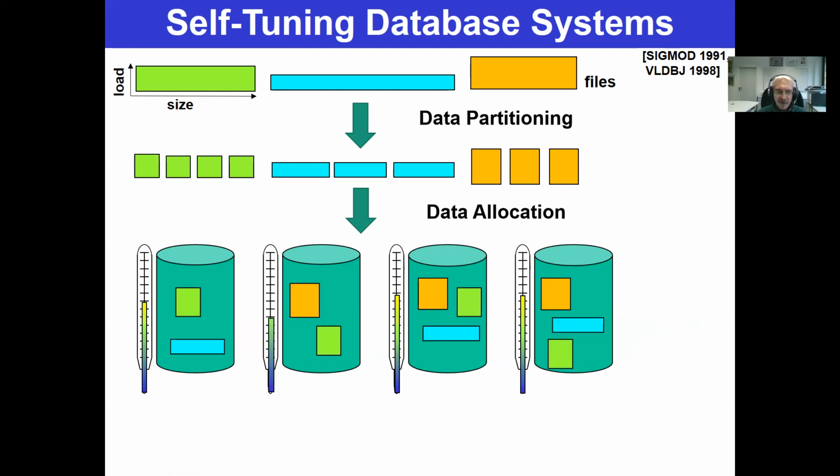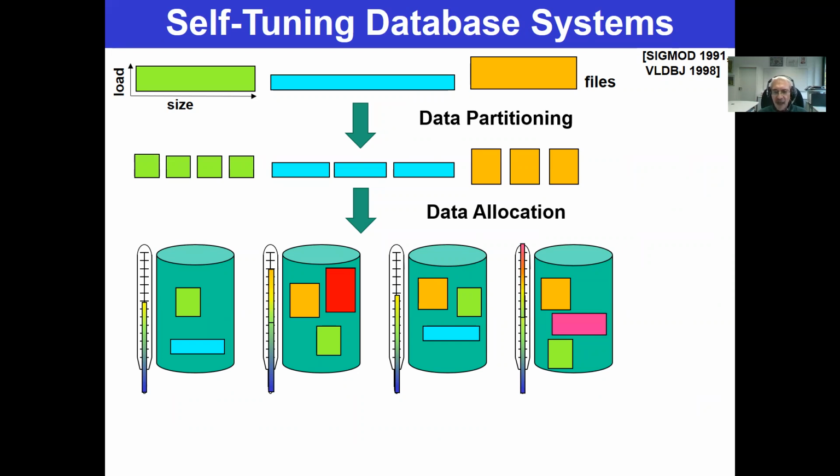And then when we measure the access load, we get a nicely balanced system, very good performance, but nothing lasts forever. The workload changes over time. So this file, for example, might get hotter and then the disk becomes overloaded and performance degrades. So the countermeasure is to migrate it to a different disk and rebalance the system.